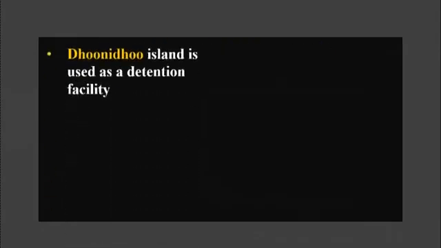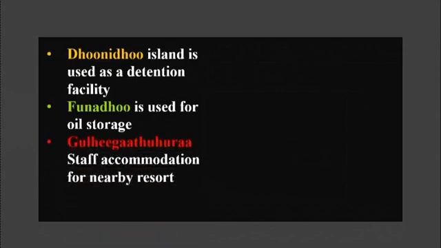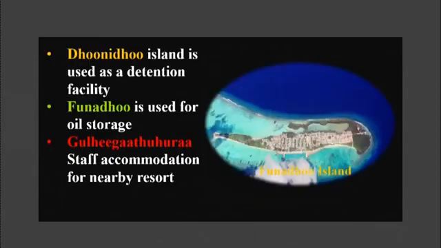Dhunidhoo Island is used as a detention facility. Funadhoo is used for oil storage. Guligathuraa is for staff accommodation for a nearby resort. And you can see in the slide Funadhoo Island.